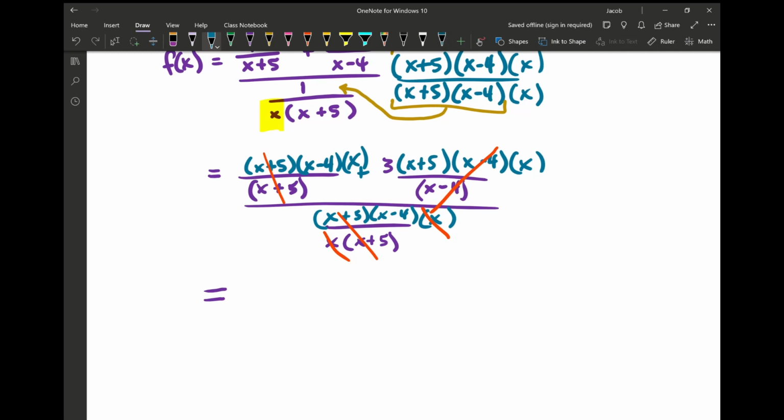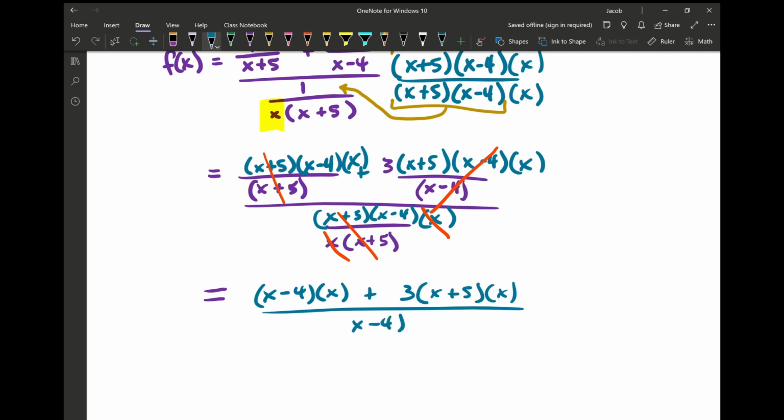So I'll end up with x minus 4 times x plus 3 times x plus 5 times x, all over x minus 4. So what did not divide away was what I've highlighted here in yellow, and that's what I've recopied down below.